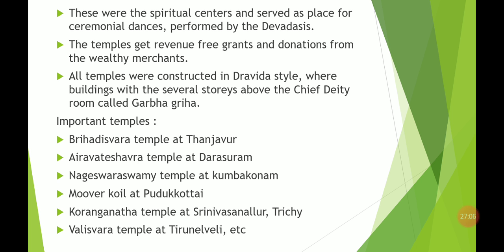So what is the Dravida style of temple? There is a Garbhagriha. Garbhagriha means the chief deity room, where the statue of the deity to whom the temple is devoted is kept in one room. The roof of that room is multi-layered, multi-storied, and that shows the Dravida style.